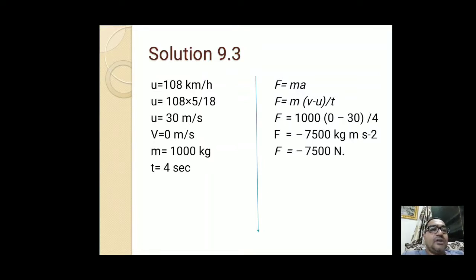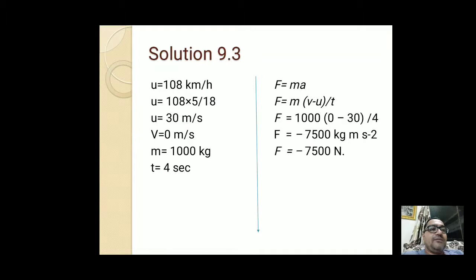So u will become 30 meter per second, and final velocity v equal to 0 meter per second, mass equal to 1000 kg, and t equal to 4 seconds. Here we have to find F. We know Newton's second law of motion mathematical formula: F is equal to ma.